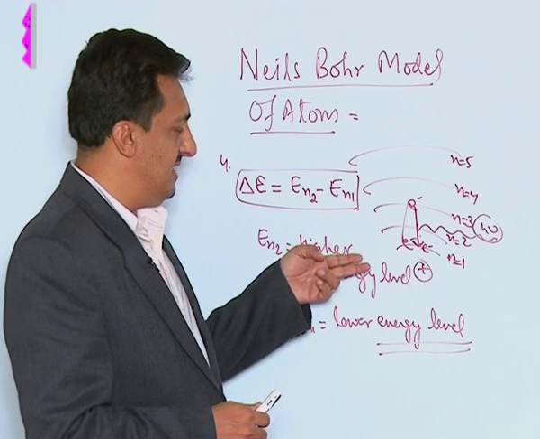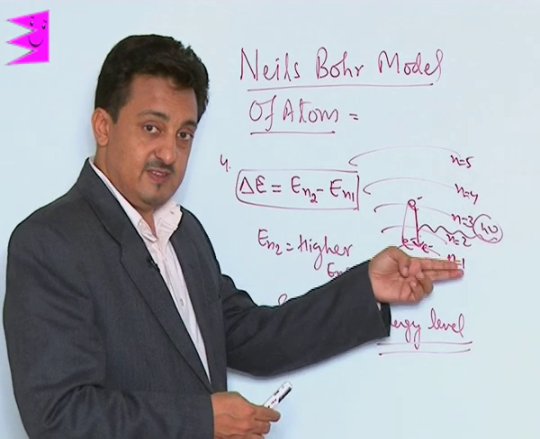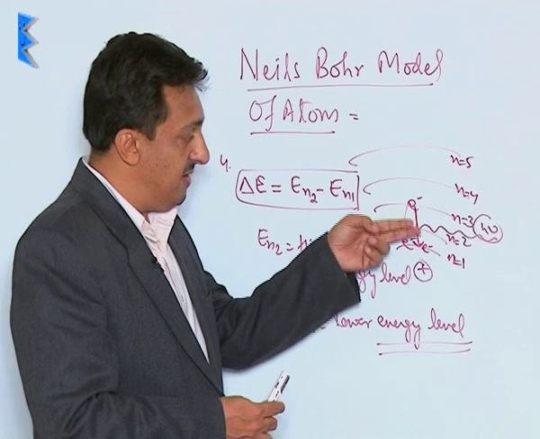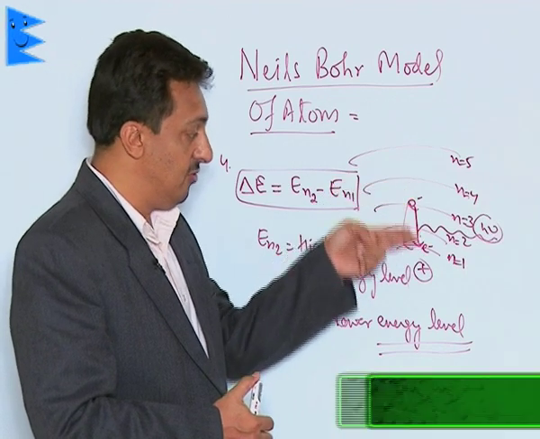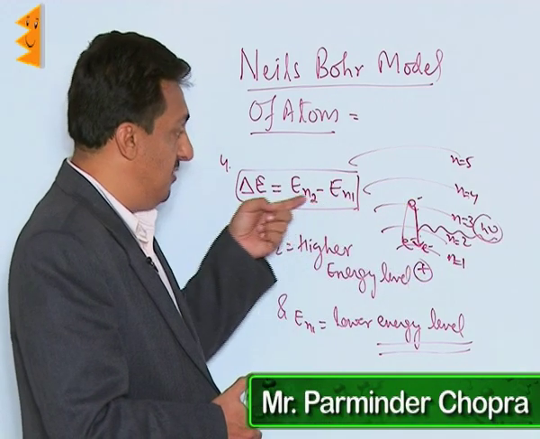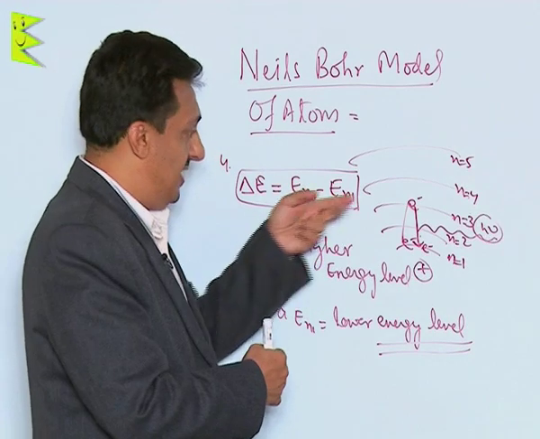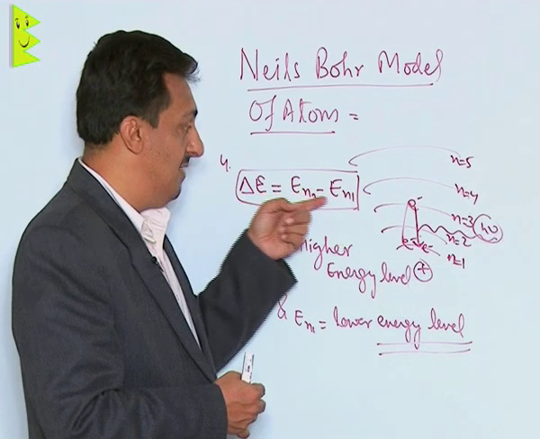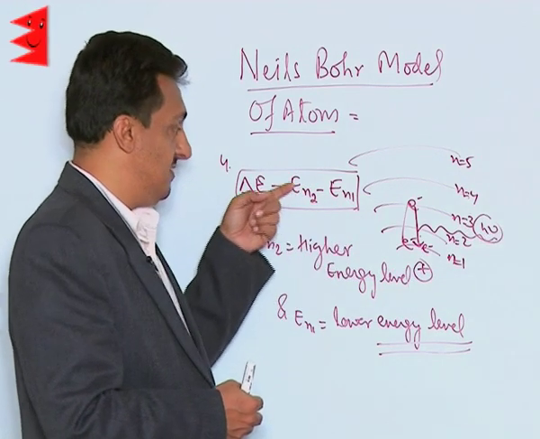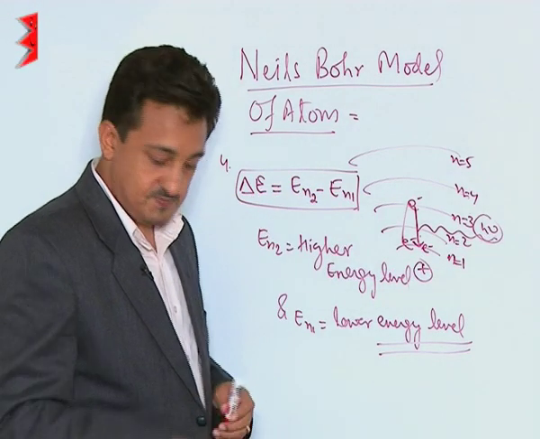Now, after understanding that, the amount of energy released whenever the electron is making a transition from any higher energy level to a lower energy level is equal to the difference of the energies of the two energy levels. So if an electron is making a transition from N2 level to N1 level, the energy difference is En2 minus En1.